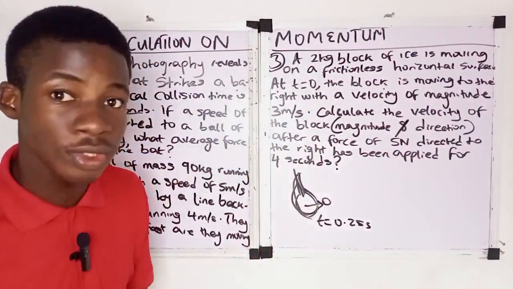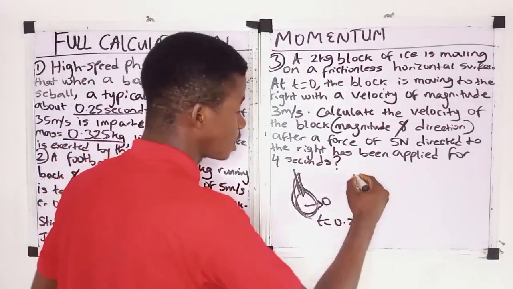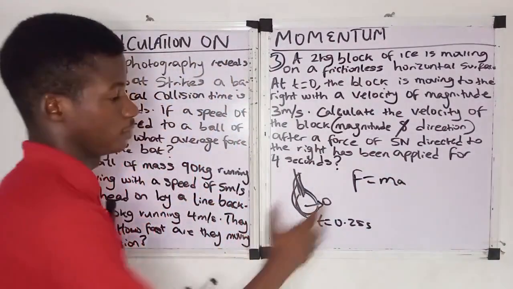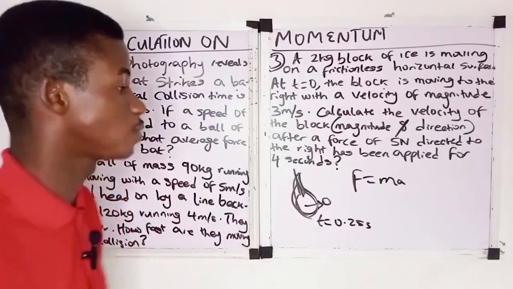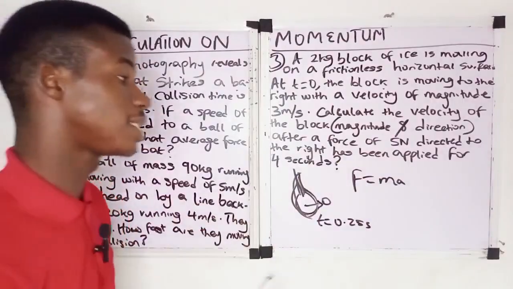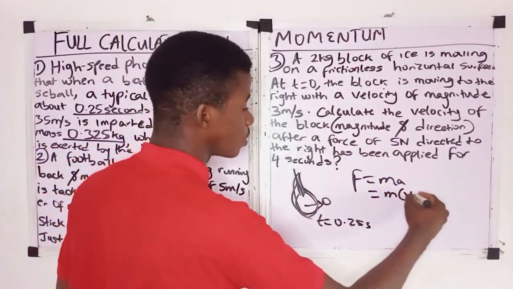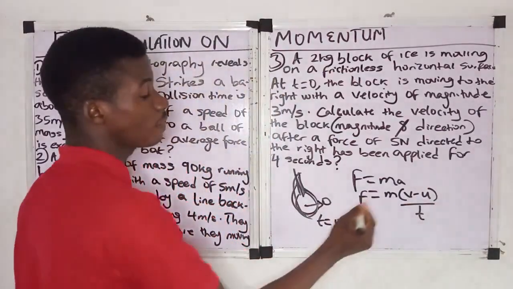It states that force is equal to ma, mass times acceleration. And don't forget that acceleration is equal to (v minus u) over t. So we are looking for this force.